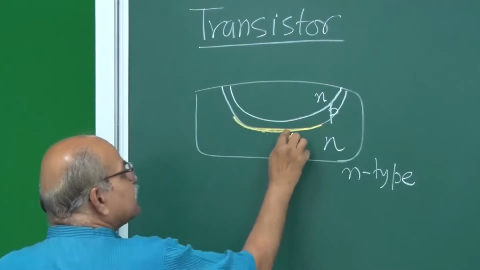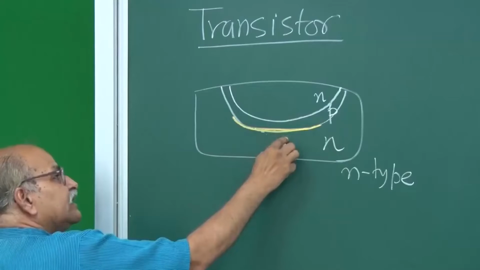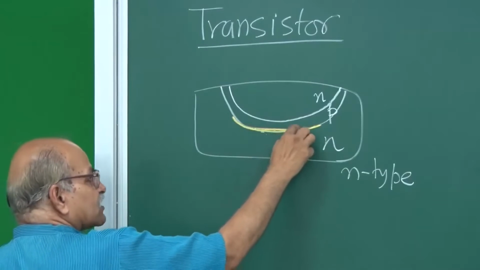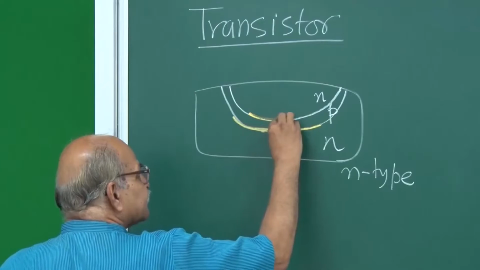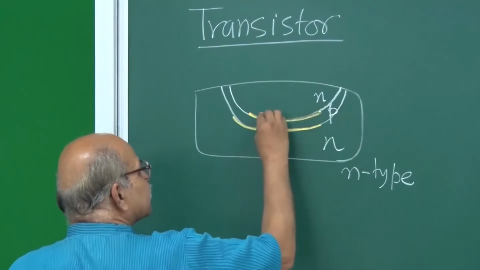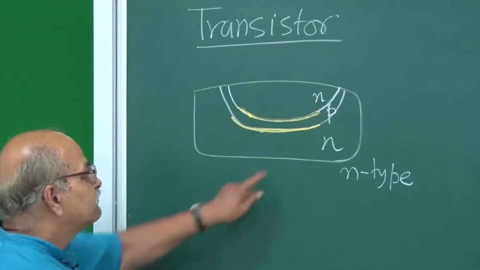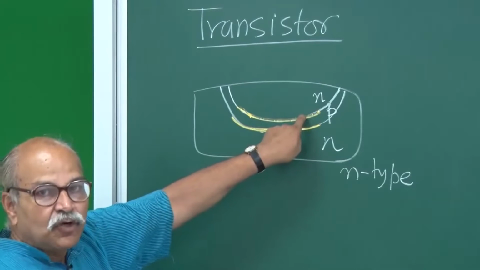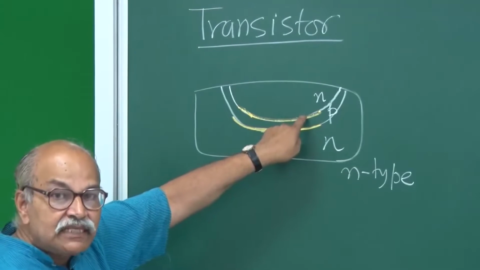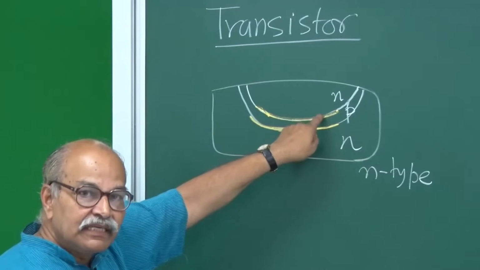You have p-type on one side and n-type on the other side, so you have a p-n junction, and then you have another p-n junction which is here. So, all those p-n junction characteristics will be here.